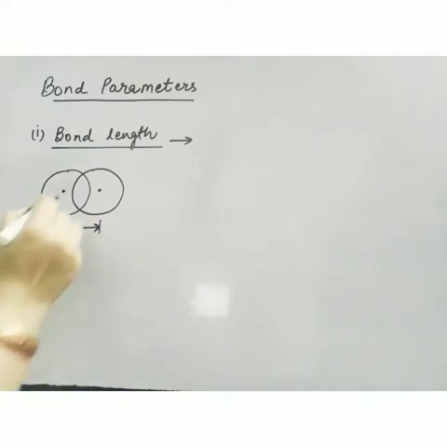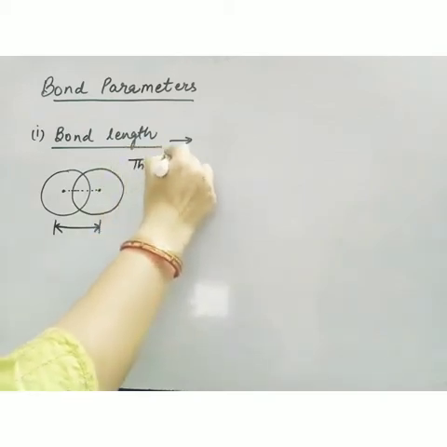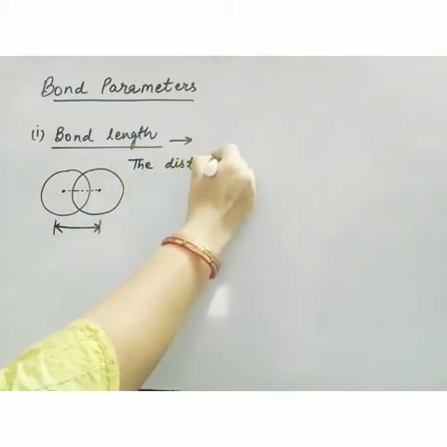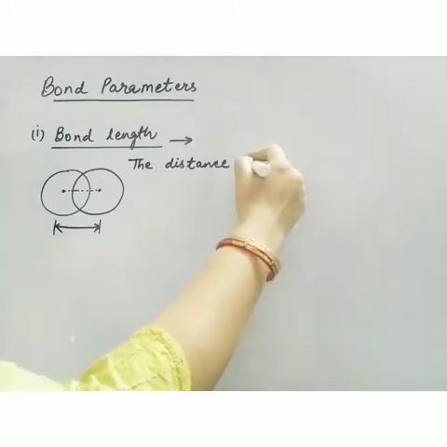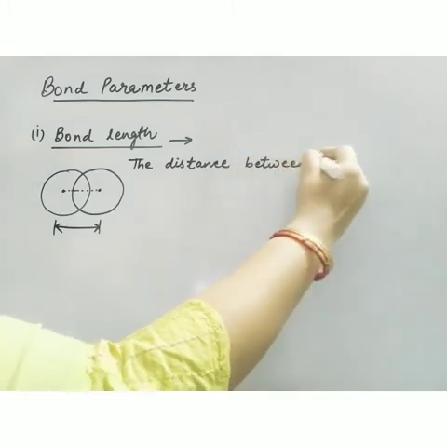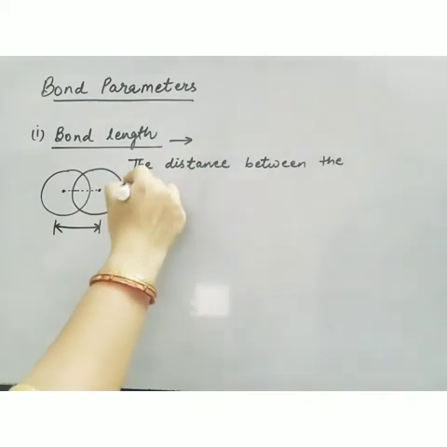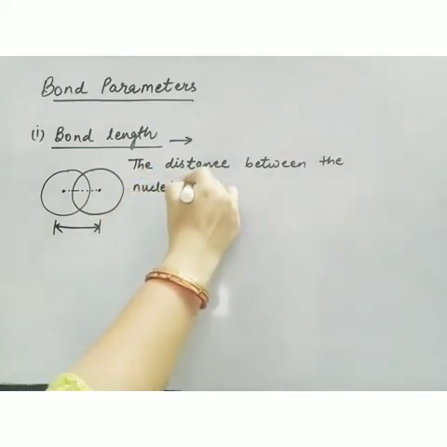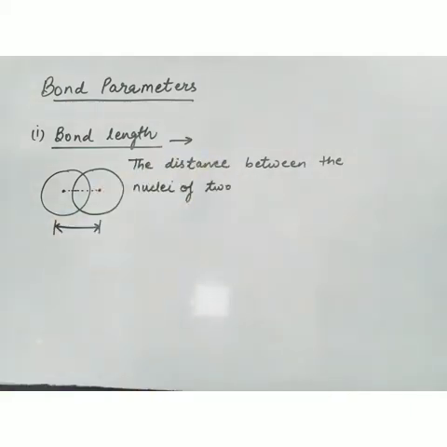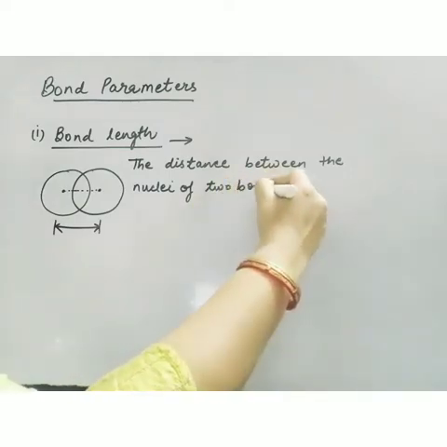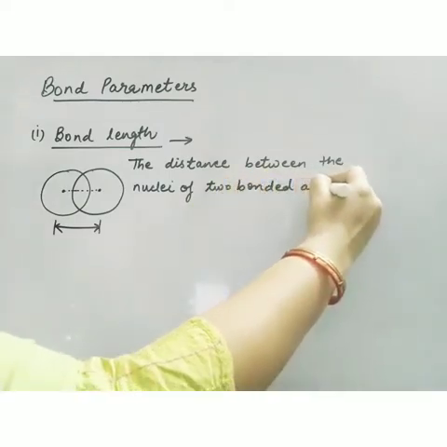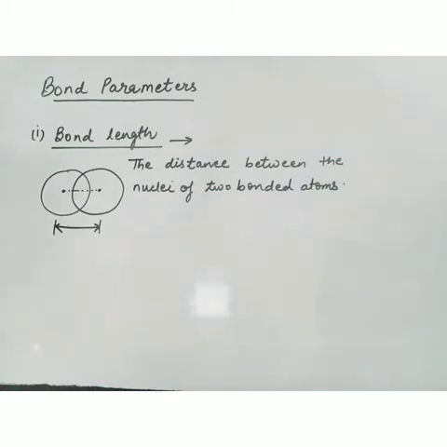This is bond length: the distance between the nuclei of two bonded atoms. So if I know this distance, definitely this is the bond length for a particular molecule.